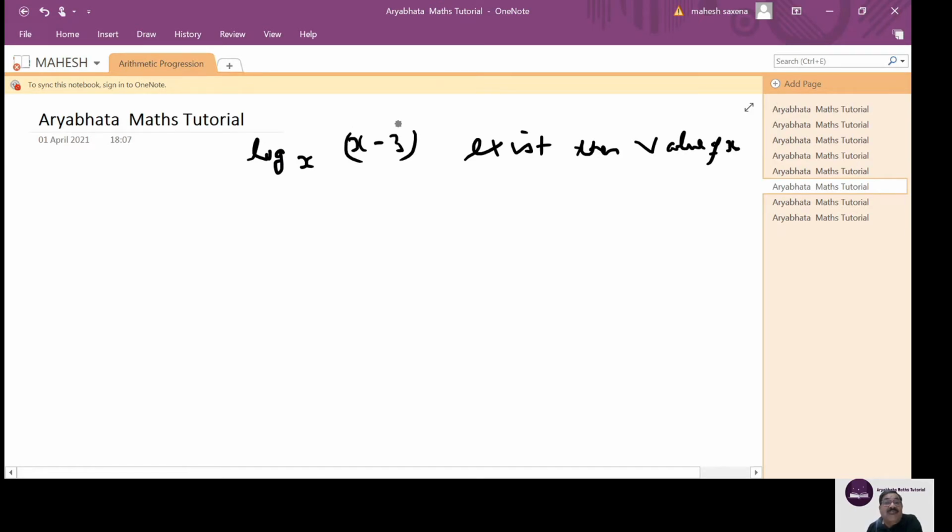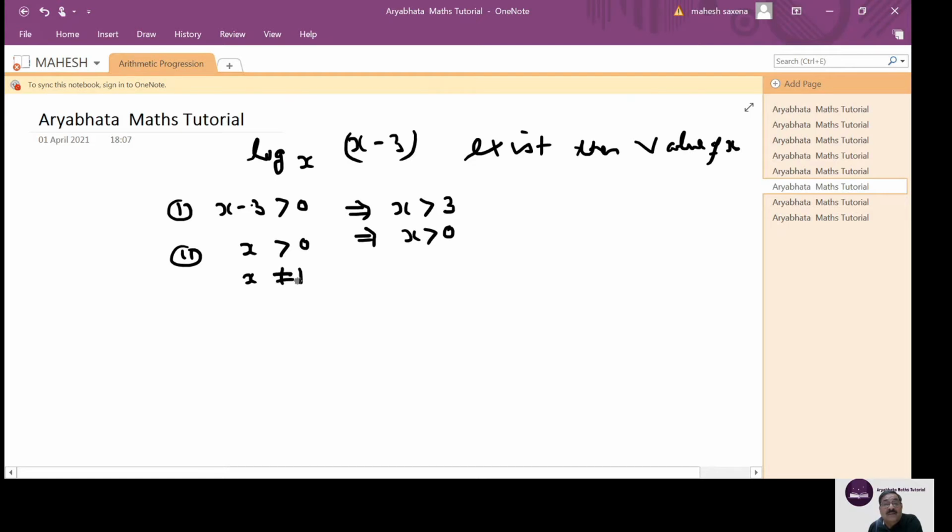Again, x minus 3 is here. The first condition is x minus 3 should be greater than 0, implies that x is greater than 3. Second condition is that x is greater than 0. x is not equal to 1.